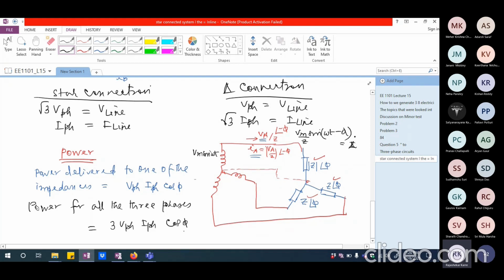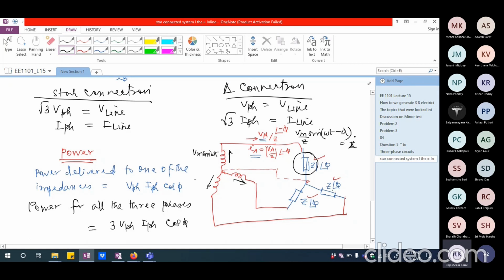Please note the phase angle phi is only between this winding voltage and this winding current itself. Similarly, this winding voltage and this winding current. Similarly, this winding voltage and this winding current. Or if I am considering it from the load side, I should take it as one particular phase load and one particular phase current.